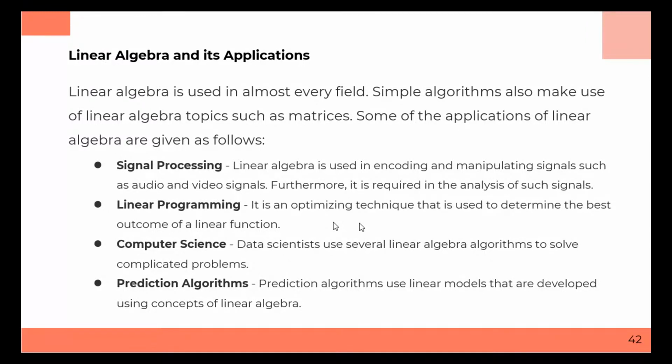Those who have learned networking understand that signal processing is nothing but adding, multiplying or dividing those signals based on the requirement of transferring that signal from one place to another. Processing, basically.